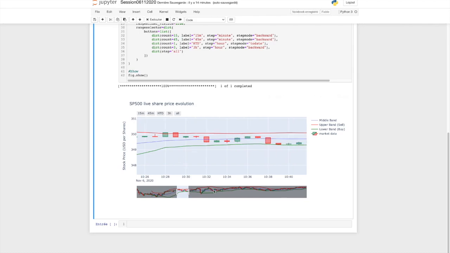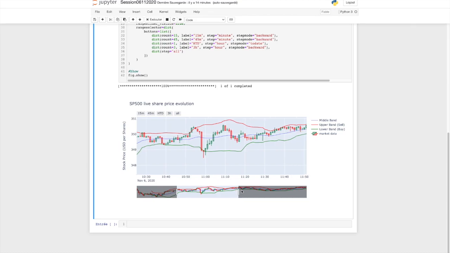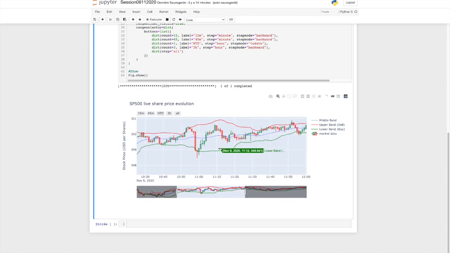It's much more interesting to just wait a few minutes until the price goes down from 350 to 349 and buy at this moment. Again, sell at this moment, buy, sell, and so on. But as you can see, the Bollinger Band strategy works very well to give you a trend in order to know if the shares are going to have a tendency to go up or to go down.